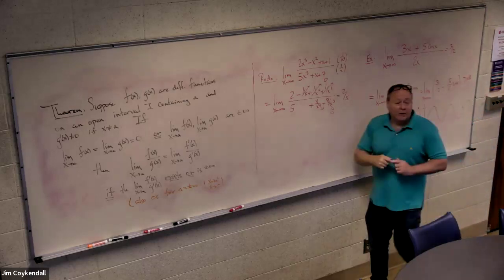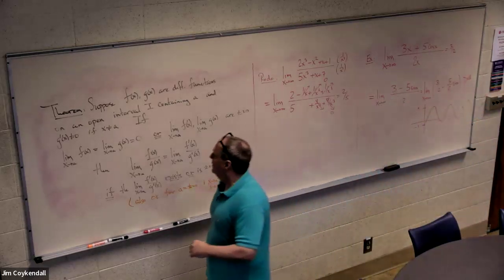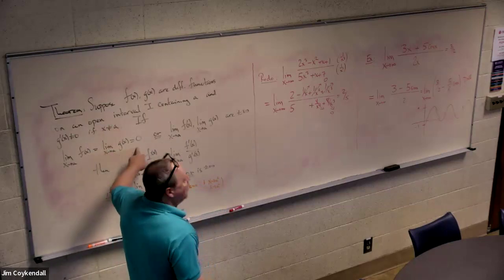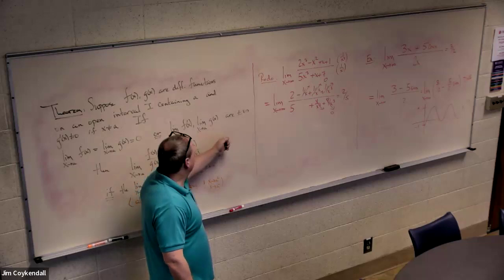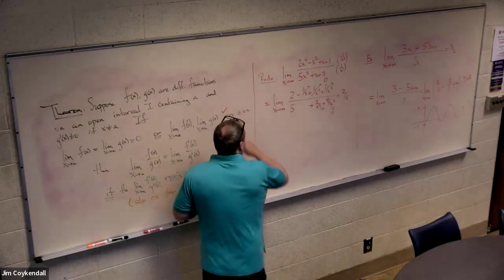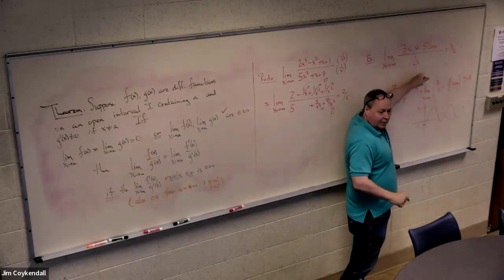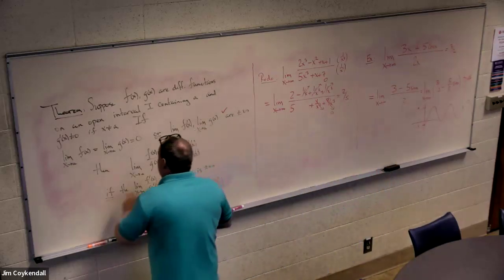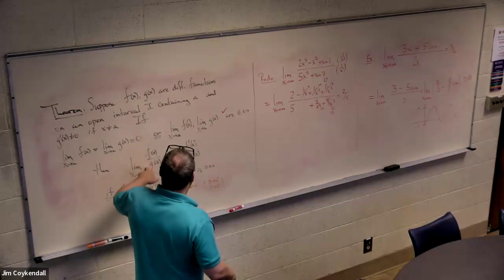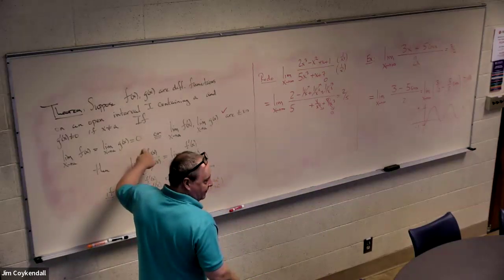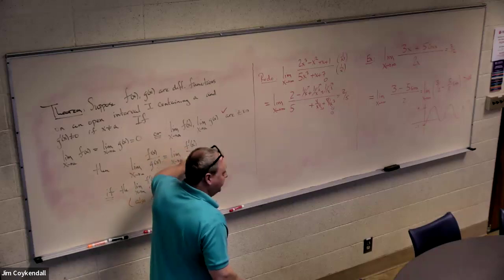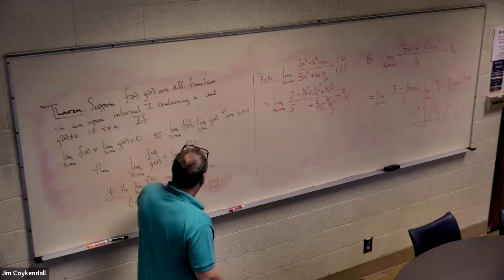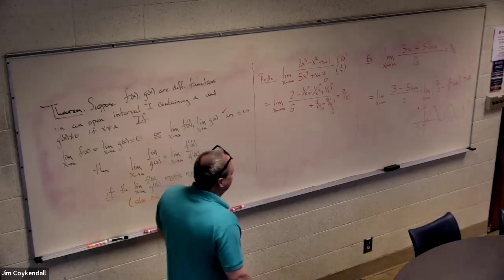Well, let's go back and read what the rule tells us. If the limits are both 0 or the limits are both plus or minus infinity, okay, we got that, because the limit at the top and the limit at the bottom was infinity. Then the limit of f over g is the limit of f prime over g prime, if this limit exists or is plus or minus infinity.